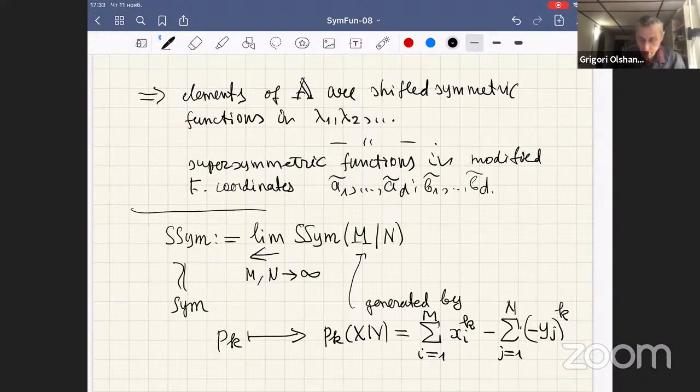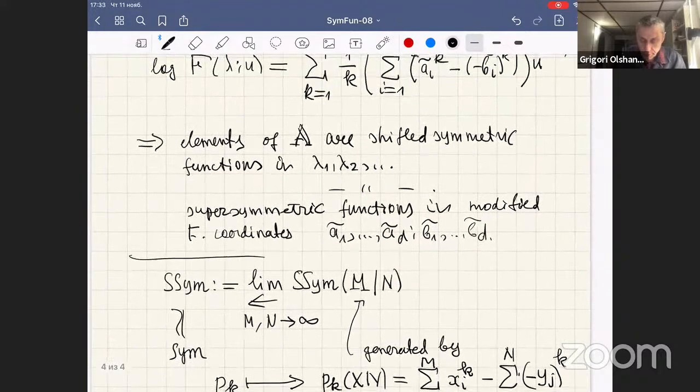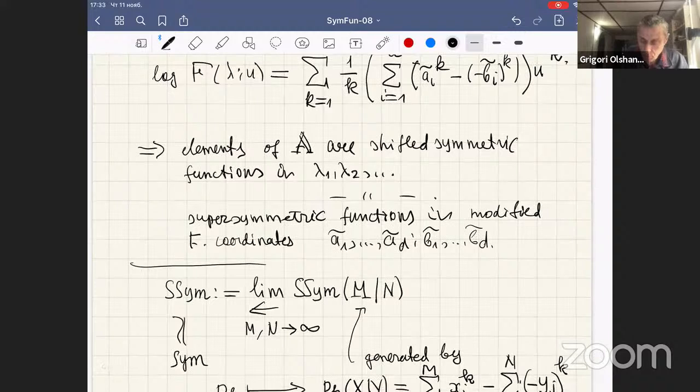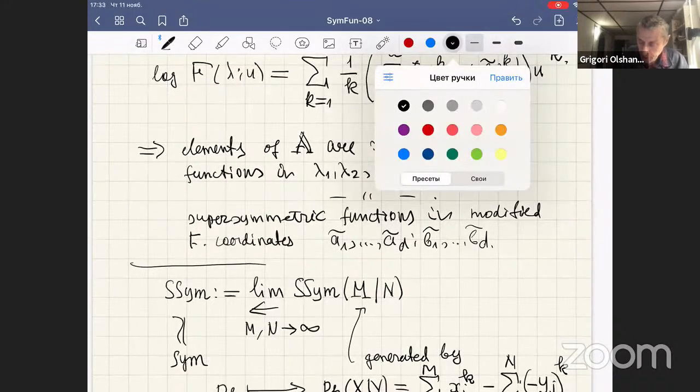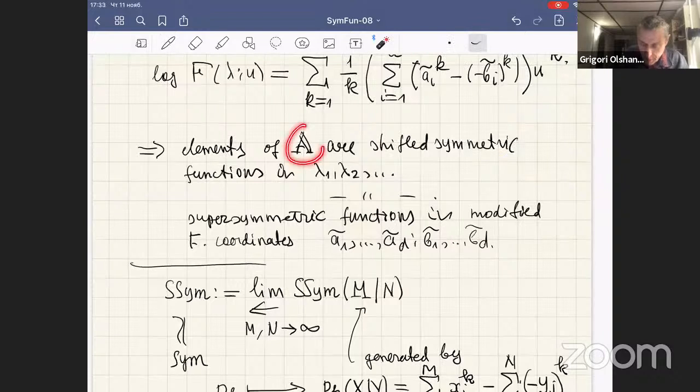So we conclude our algebra of regular functions, our algebra A, has several realizations. First, it is the algebra of shifted symmetric functions. Next, from another viewpoint, we just turn the picture and we obtain the algebra of supersymmetric functions.